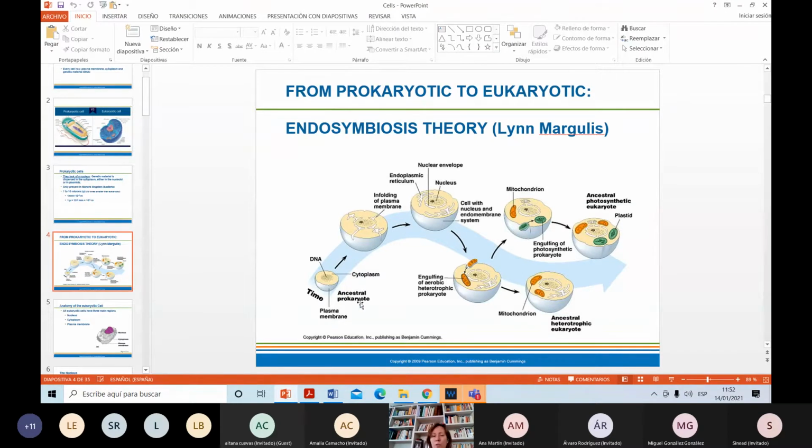So the order would be more or less prokaryotic cells not able to do photosynthesis, they were chemiosynthetic, then photosynthetic, then eukaryotic, and then eukaryotic photosynthetic. Eso es más o menos el orden. So that's the explanation that Lynn Margulis did in order to explain this origin of photosynthetic eukaryotic cell.